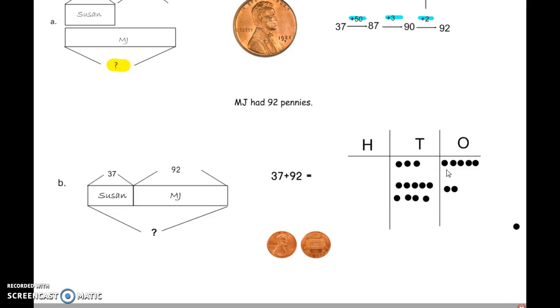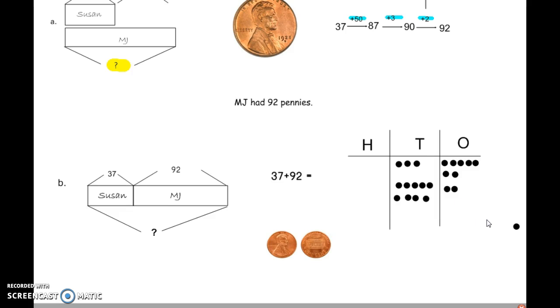So I have 1, 2, 3, 4, 5, 6, 7 ones, and then I have 92 that I'm adding together, so count 92 with me. 1 ten, 2 tens, 3 tens, 4 tens, 5 tens, 6 tens, 7 tens, 8 tens, 9 tens, and then 2 ones. There's 91 and 92.